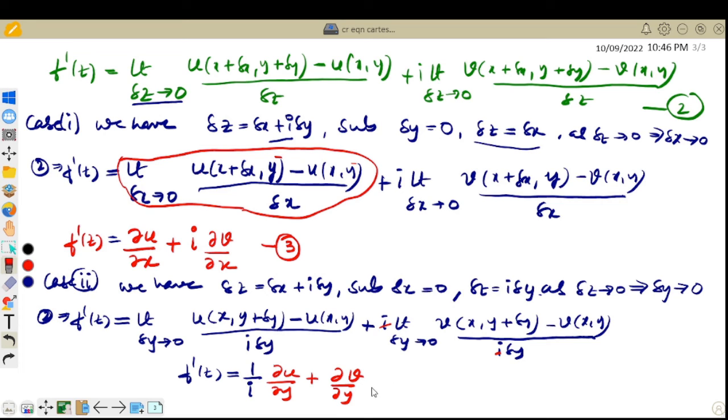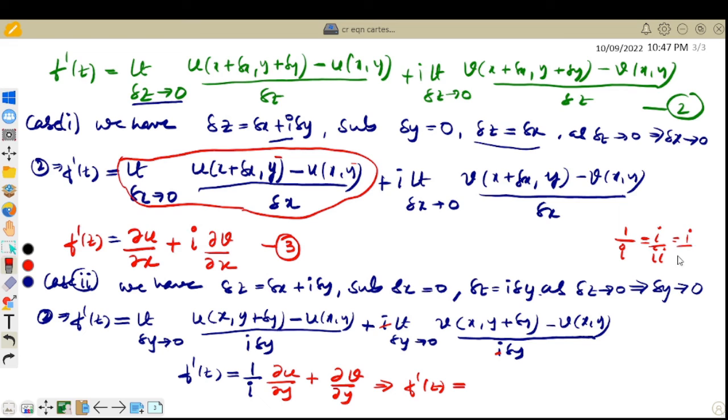Further, this f dash of z can also be written as, here you have 1 by i. How do you write 1 by i? Look, 1 by i is equal to, you can multiply and divide by i.